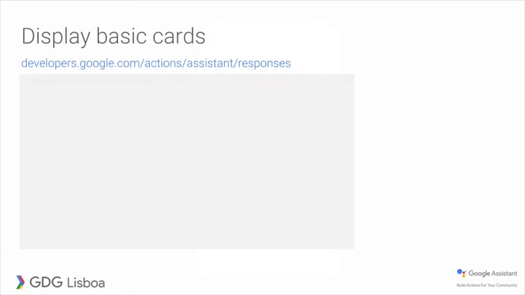But maybe you want to display something more cool. You want to display an image. You want them to click on something, and something happens. So in this case, there's also something called basic cards, where you have to give a first phrase to the user, because maybe the device doesn't have a screen, or maybe the device doesn't support a card.